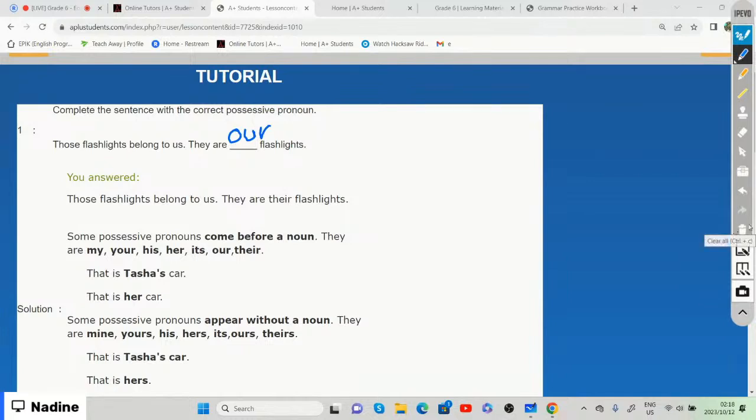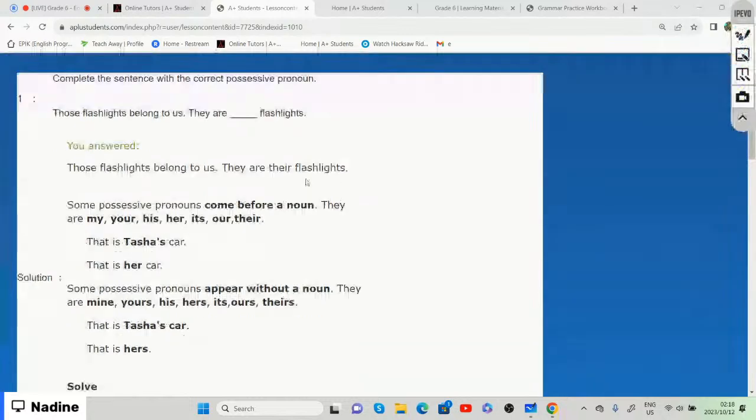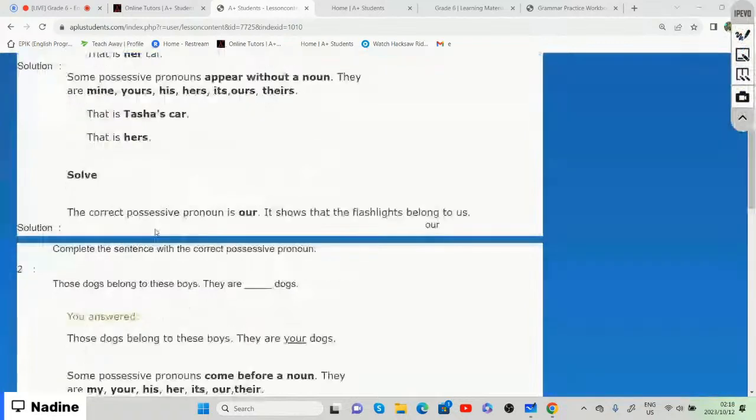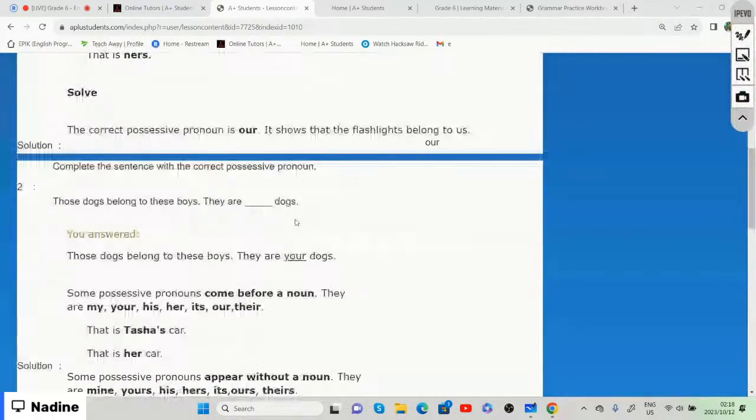All right. And there we have our solving. The correct possessive pronoun is ours, and it shows that the flashlights belong to us.